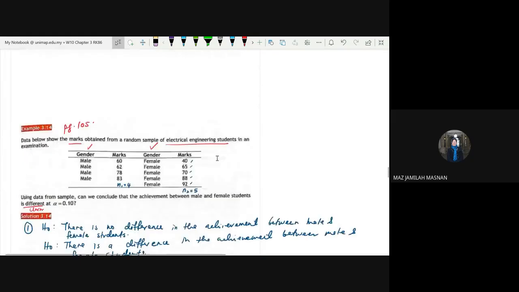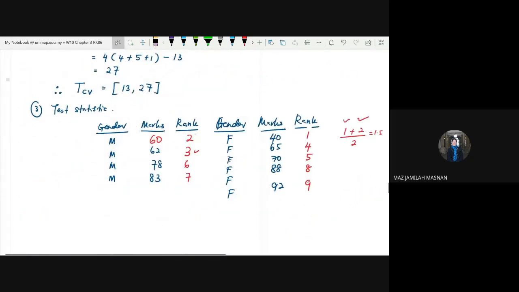Okay, so just let us do what is being asked. Since the smallest sample is 4, n1 is equal to 4 because n1 only has 4 of them. This one we got 5, so n2 is definitely equal to 5. Now you need to find the sum of the ranks. So the sum of rank 1, if you calculate all together, you will get 18.